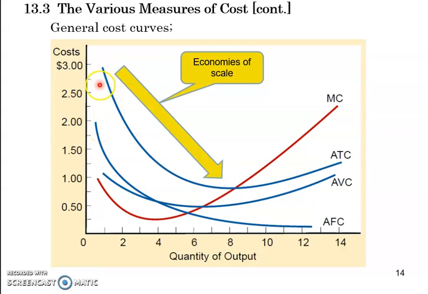And then after that, because of the downward sloping AFC and the specialization effect, the average total cost continues to decline. And upon this point, when we find the lowest level, the bottom of ATC is called efficient scale.